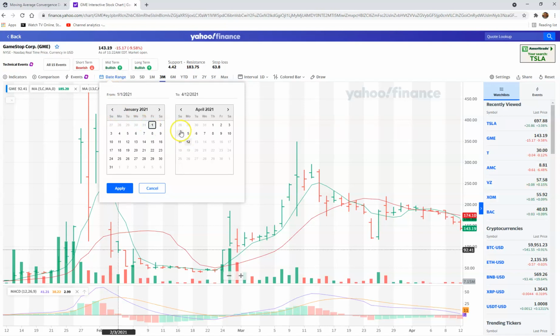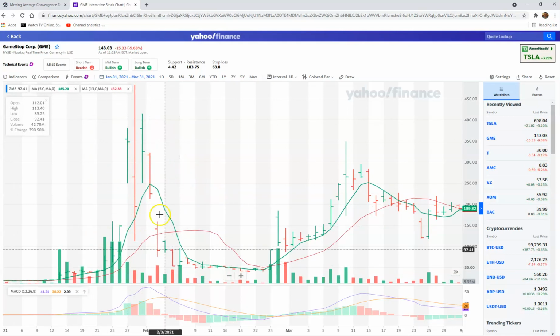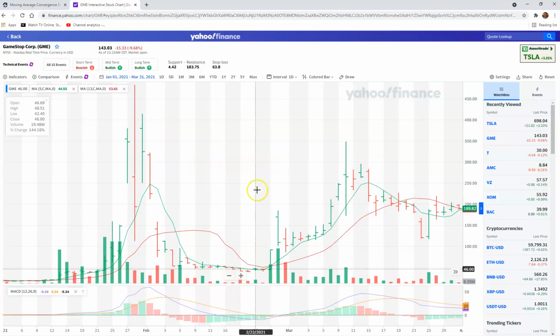In January, between January and March 31st, there was a lot of commotion on this stock. So let's kind of zoom in on that particular period. As you can see here, this was a really good trading period. This right here was a fairly good trading period for anybody interested in this.